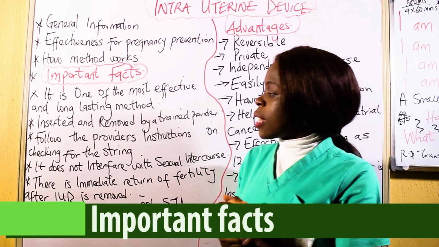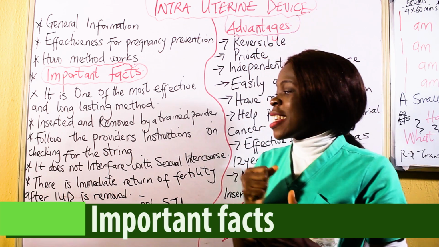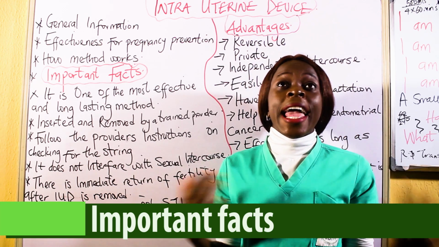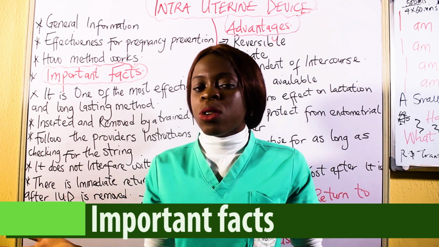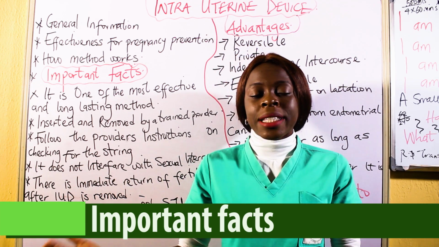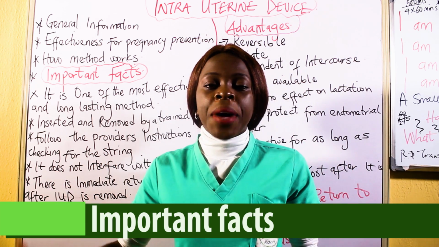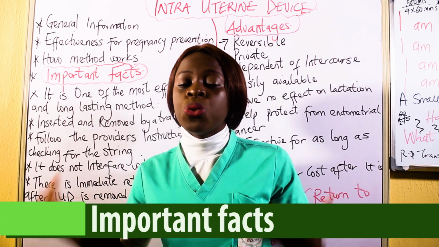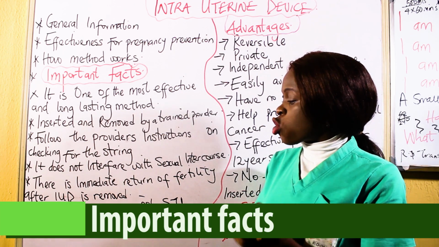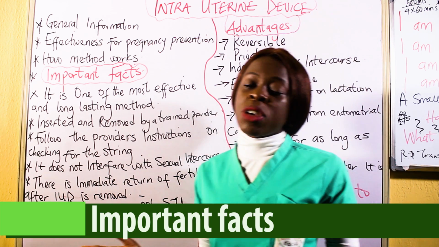Then the other important fact is that it is inserted and removed by a trained provider. Like I earlier said, I can't just go and start giving IUD if I am not trained to do it. I have to be trained to carry it out before I go about giving IUD.